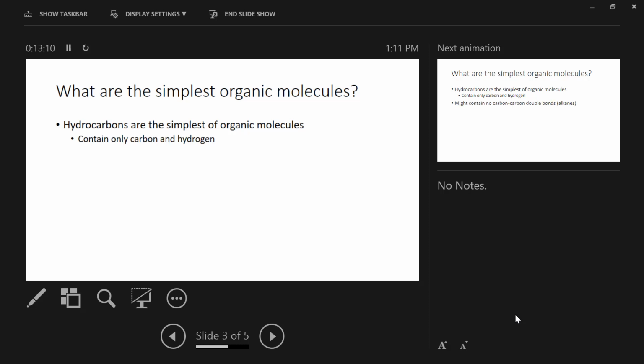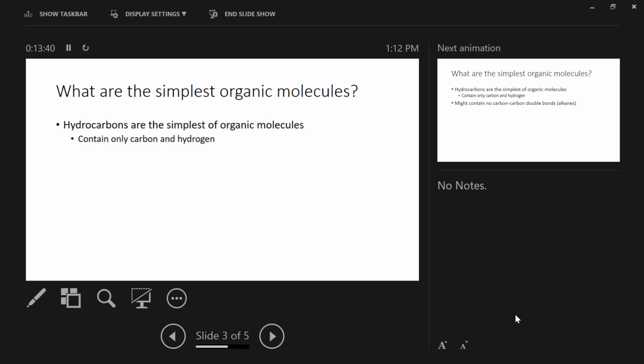They are organic molecules that contain only carbon and hydrogen.